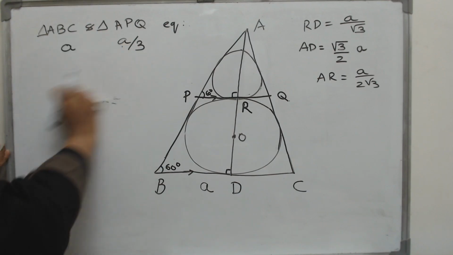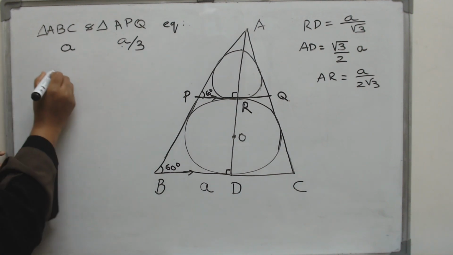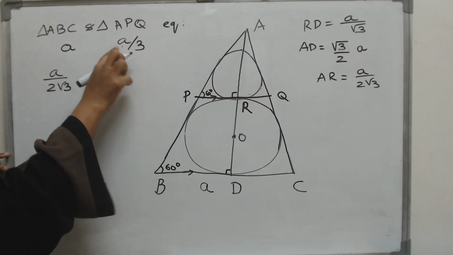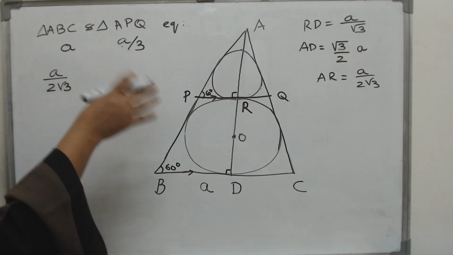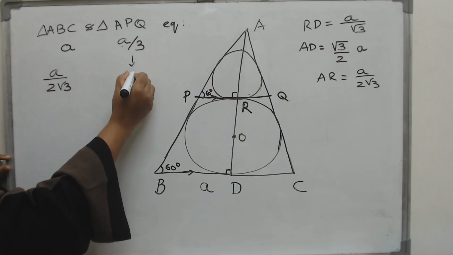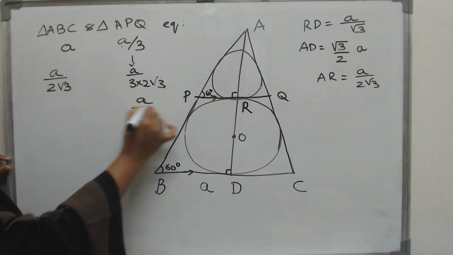That brings us to the inradius. If the triangle has sides of measure a, the inradius is what? It is a by 2 root 3. And for the smaller triangle, if this is the side, the inradius is going to be what? There.